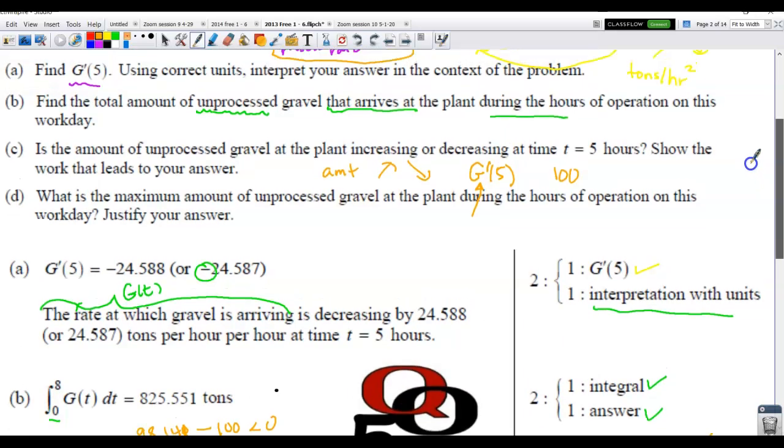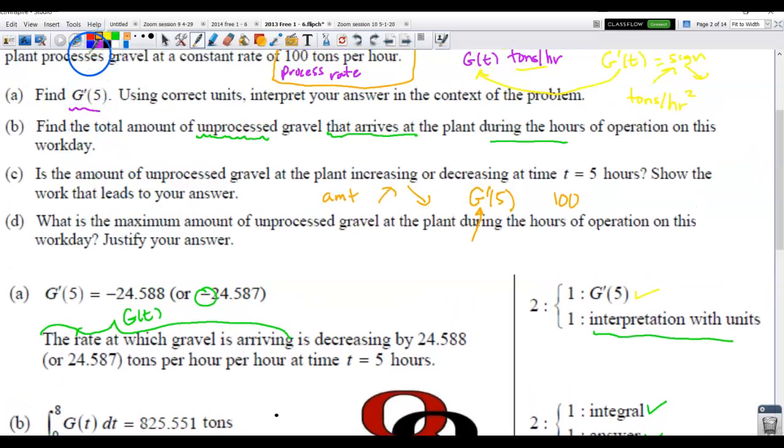And then going back to letter D, good old extreme value theorem. What is the maximum amount of unprocessed gravel at the plant during the hours of operation? Justify your answer. So we already know we have endpoints of 0 and 8 because they told us those were the hours that the plant receives and processes gravel.